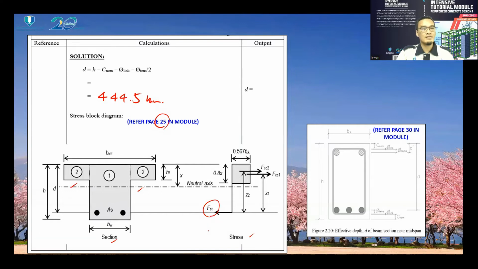This is the internal force in the steel due to tension. Recalling from the rectangular beam, FCC1 is here, the compression inside the web, and FCC2 is the compression inside the flange, where hf is equal to the thickness of the slab.